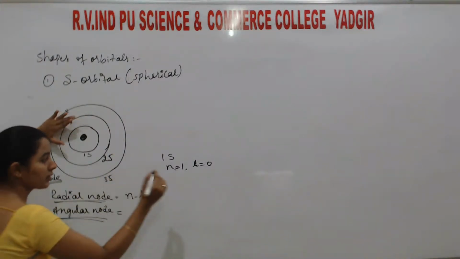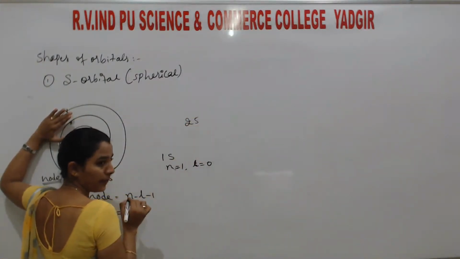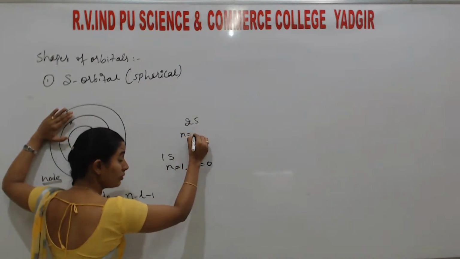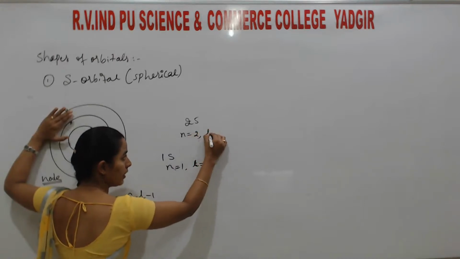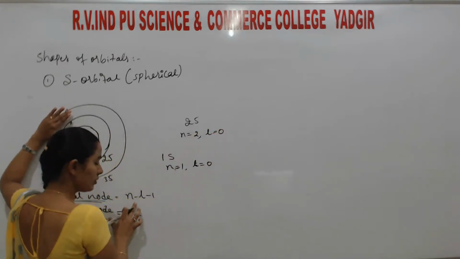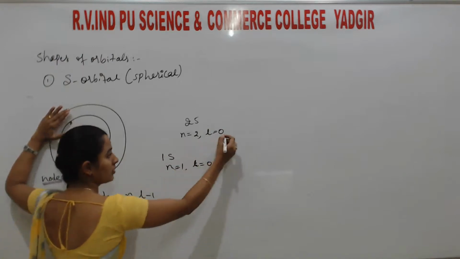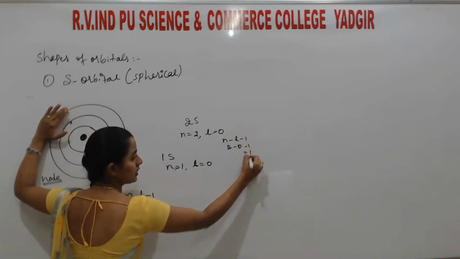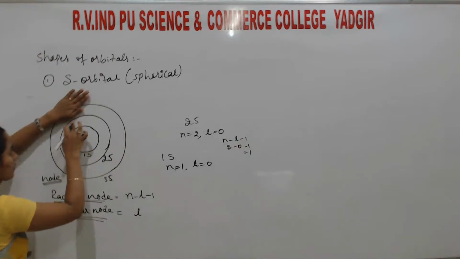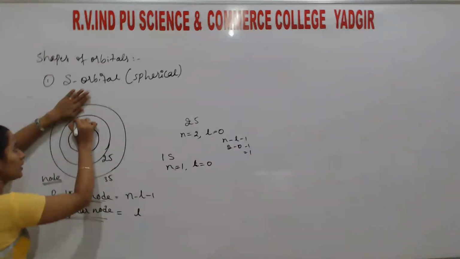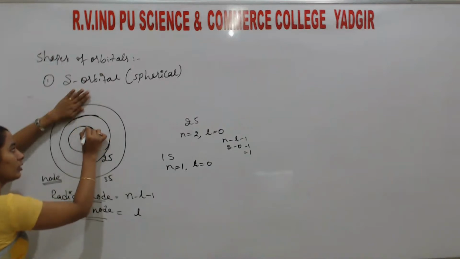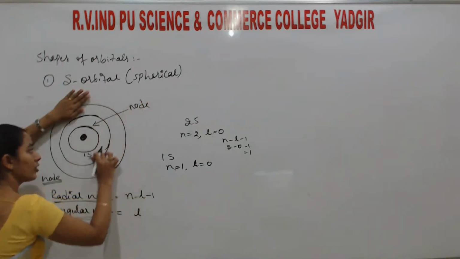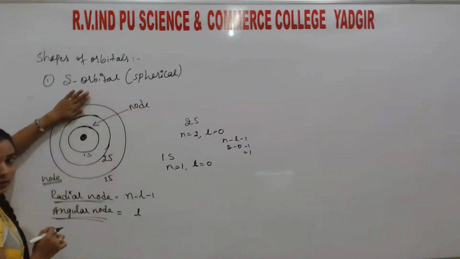Understood? So next, consider 2s. For 2s, n value is 2, l value 0. So according to this formula, n minus l minus 1 is 2 minus 0 minus 1, that is 1. So consider these two: here the electron density is more, here the electron density is more. In between these, only one node is there where electron cannot be possible.